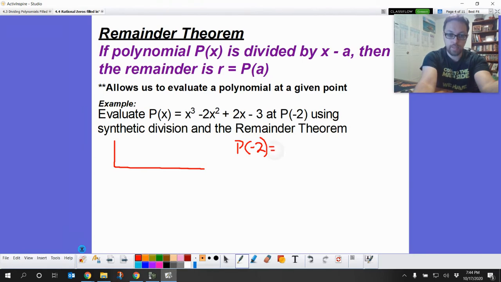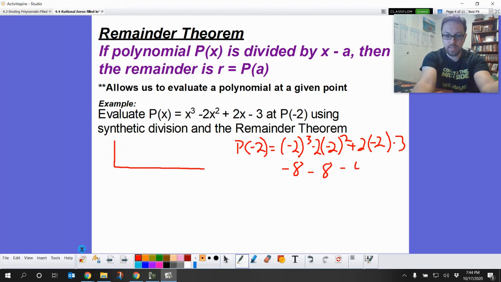I get negative 2 cubed minus negative 2 times negative 2 squared plus 2 times negative 2 minus 3. So let's see, that's negative 8. That is also negative 8. This is negative 4. And this is minus 3. So that's negative 8 minus 8, that's negative 16 minus 4, that's negative 20, minus 3, it's negative 23.